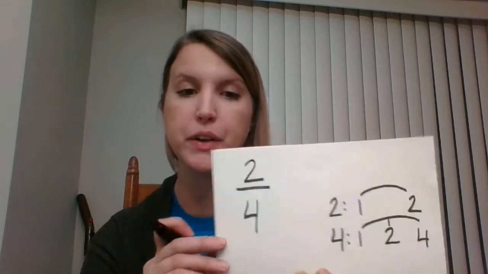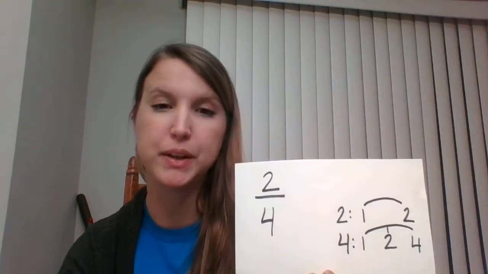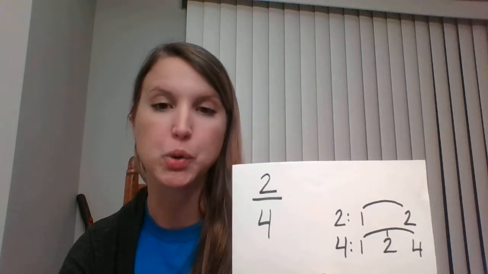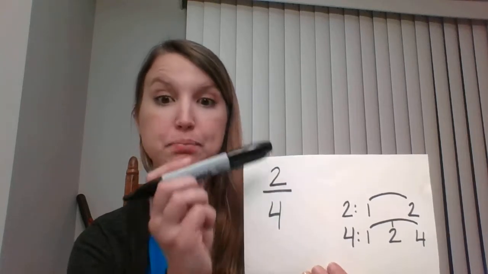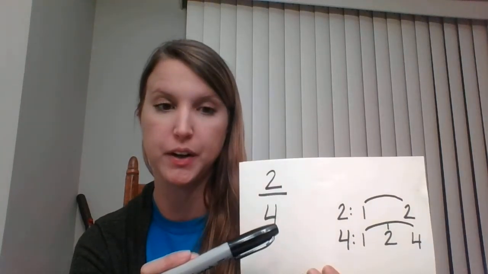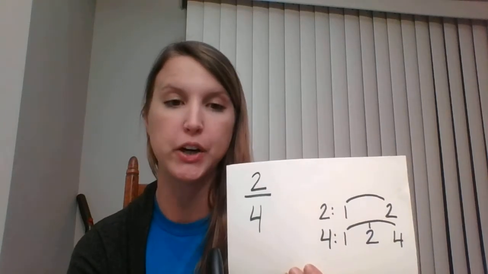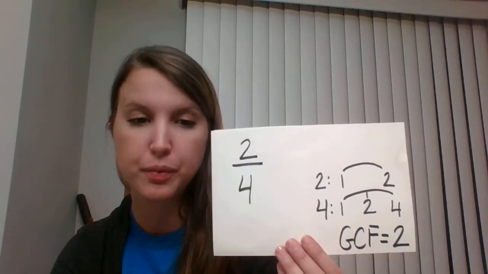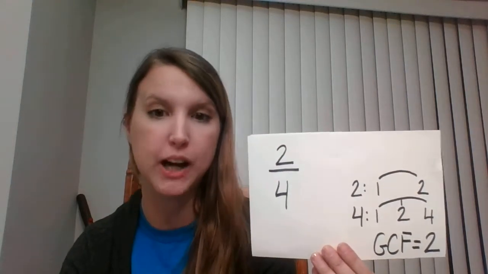All right, so in order to represent this fraction in simplest form, we need to find the greatest common factor of 2 and 4, of both our numerator and denominator. And if you look here, the greatest factor that they both share is 2. So that means that my GCF, my greatest common factor, equals 2. Okay, so that 2 is going to be our magic number that we're going to use to help us simplify.